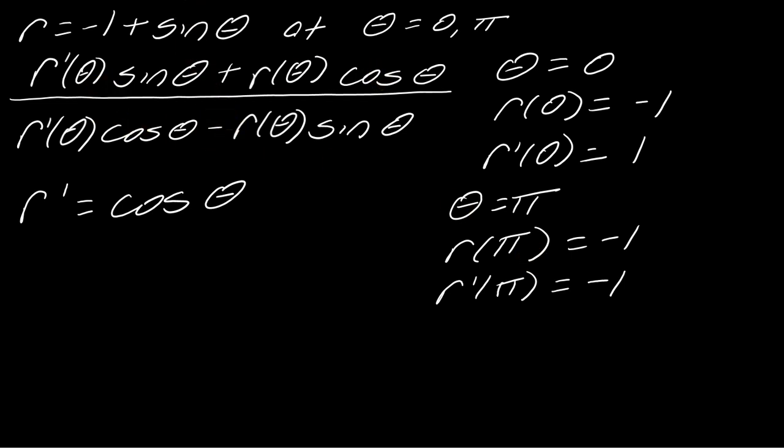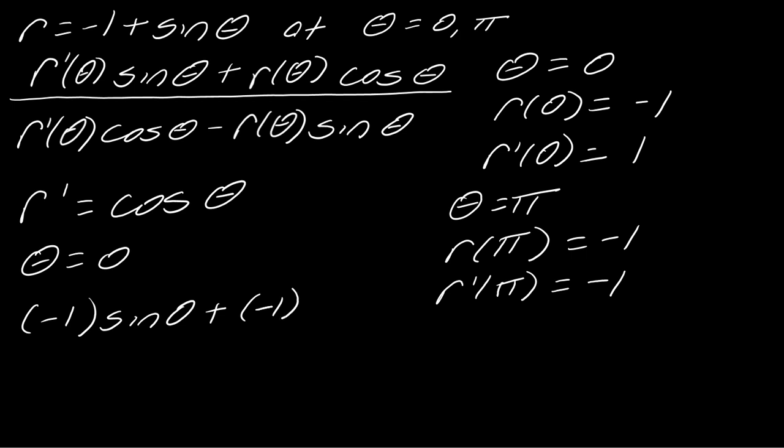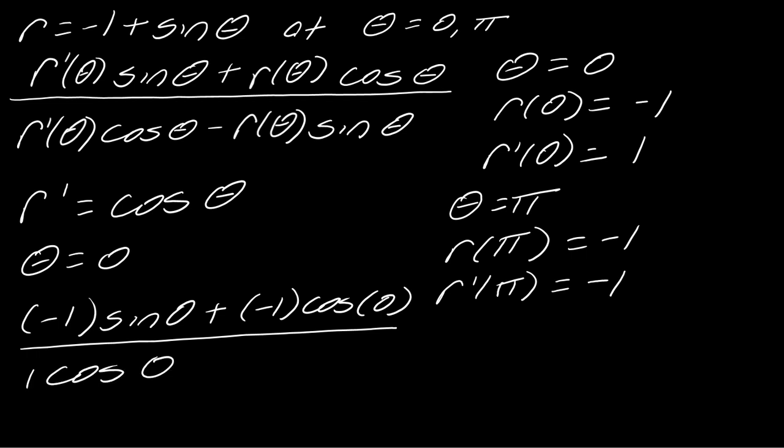So now let's go ahead and do this. So let's start with theta equals 0. So at theta equals 0, I'm going to have -1 sine of 0 plus -1 cosine of 0. And then this will be over 1 cosine of 0 minus -1 sine of 0.